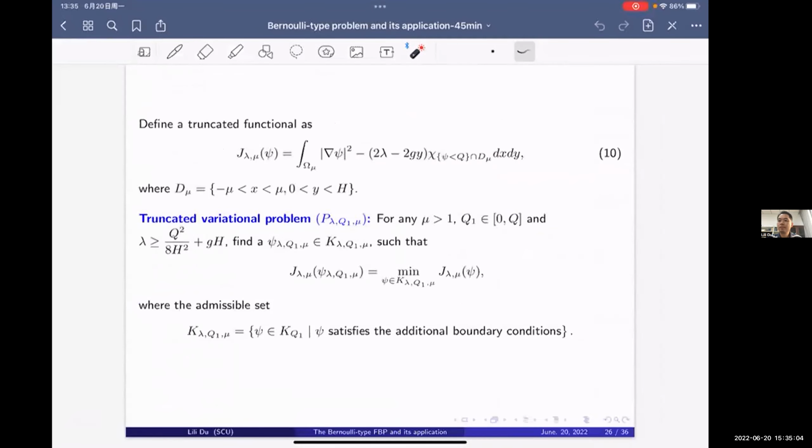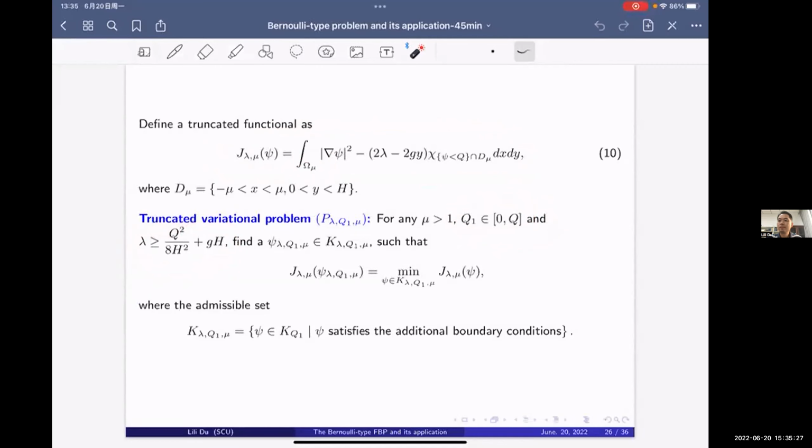So we first consider the truncated functional in the truncated domain omega mu. Q1 and lambda are the only parameters, with these restrictions.